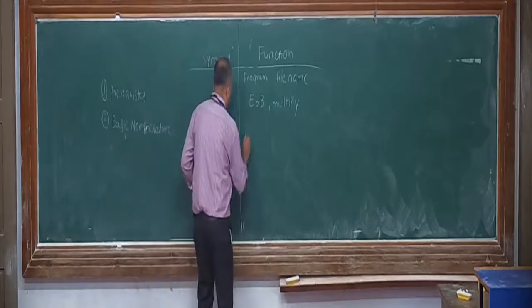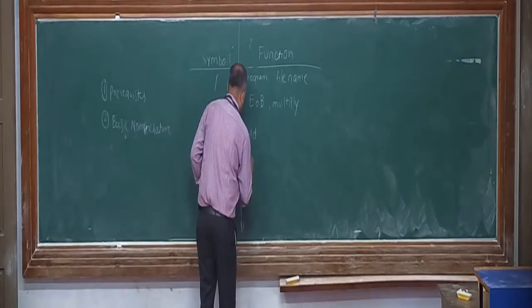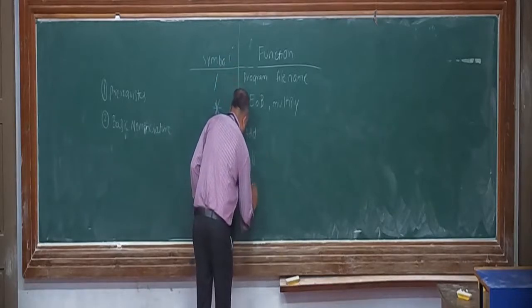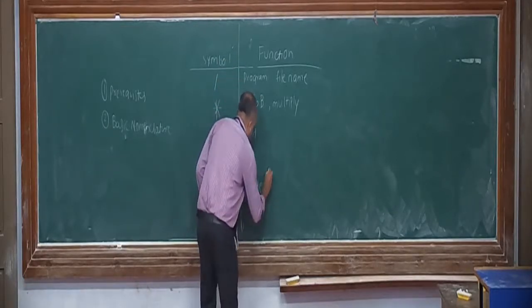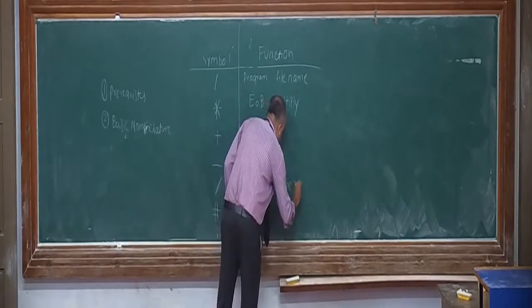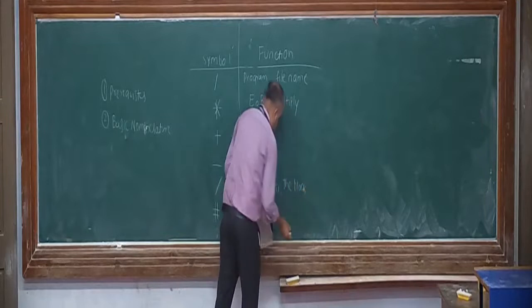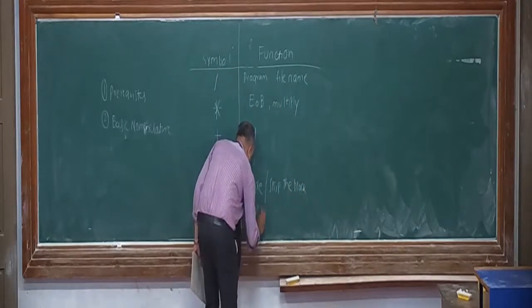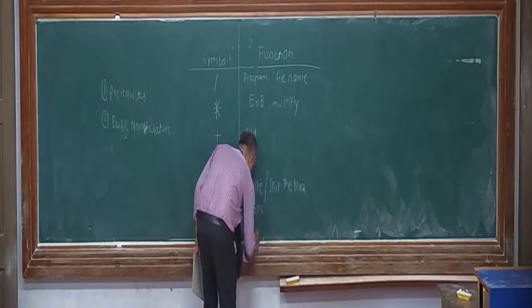So this is addition, this is subtraction, this is divide or skip the block. Then this is loop, this is end of block.